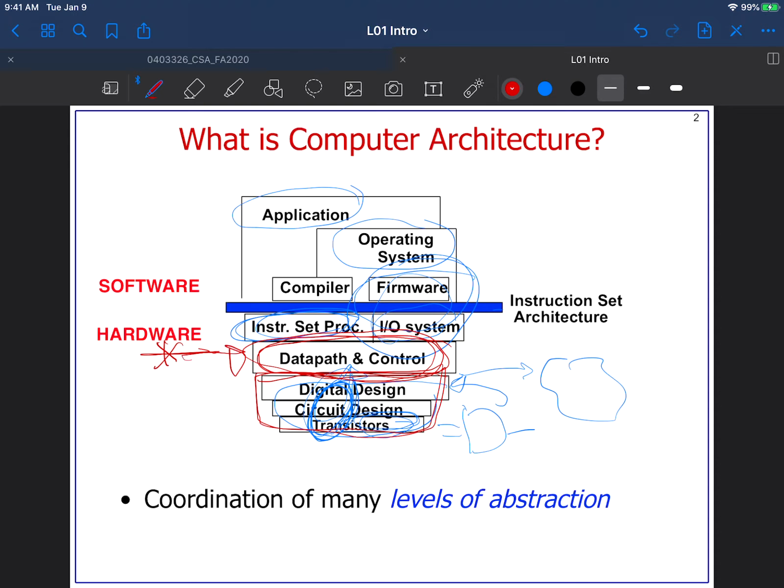Then, when we go into the higher level, we will work on the instruction set architecture. This is going to be a major part of our course as well. We might touch a little bit on the IO system, but not that much, and then we might look at the full view.